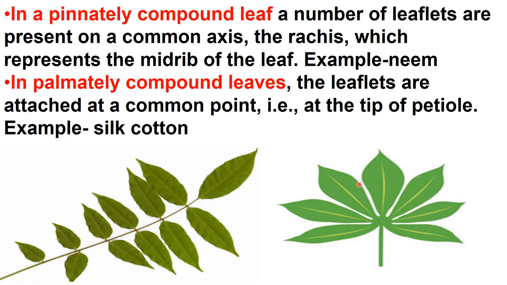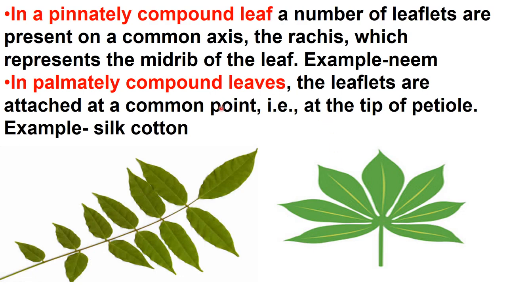These are parts of a single leaf, that is, a compound leaf completely. You can see here all these leaflets are attached at a common point. This is the common point. All these leaflets are attached here. Such a type of compound leaf is called a palmately compound leaf.